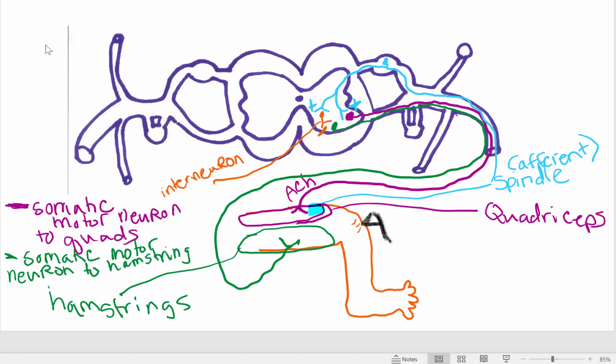That somatic motor neuron that serves the hamstrings would be hyperpolarized. It would not reach threshold. That means the hamstrings would not be firing an action potential and then contracting. So this is our knee jerk or patellar reflex arc.